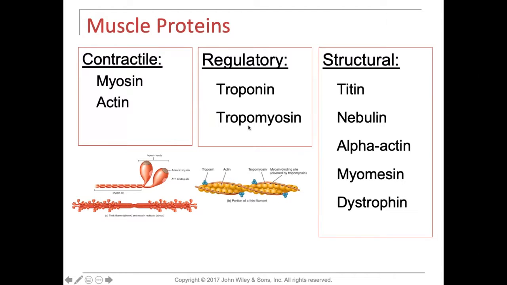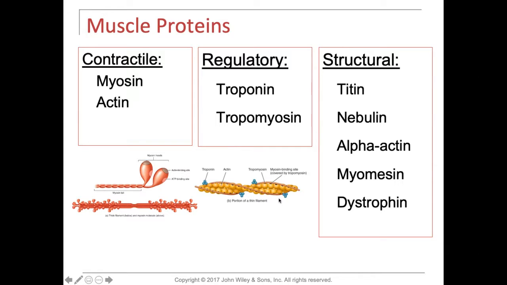The regulatory proteins are troponin and tropomyosin. So if we look on the actin, we see this kind of rust-looking or orange-looking string or rope, if you would. One's here, and here's the other one. These string-like fibers are referred to as tropomyosin.